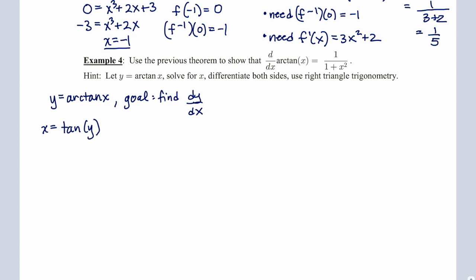And then when I differentiate both sides, I'm thinking of x as the variable. And so the derivative of x would just be 1. And notice here I have a composition. So I need to use the chain rule when I differentiate.